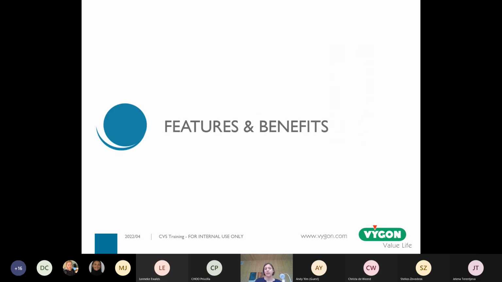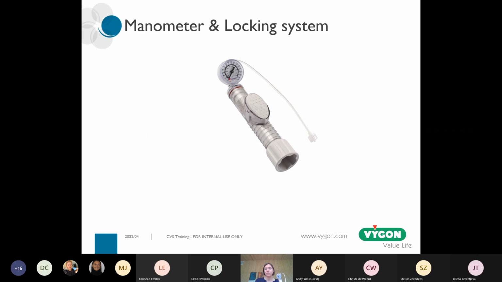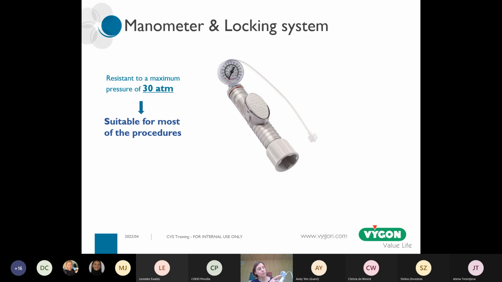What are the features and benefits of Flamingo? You have here the manometer. It is a 30 atm, the same as for Dolphin, so it is suitable for most of the procedures. The manometer is a rotary manometer, so you can handle the Flamingo in different ways.